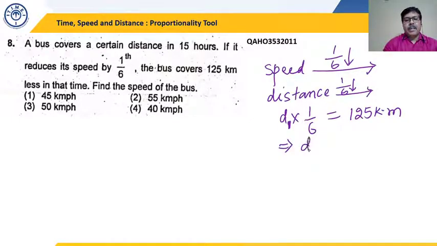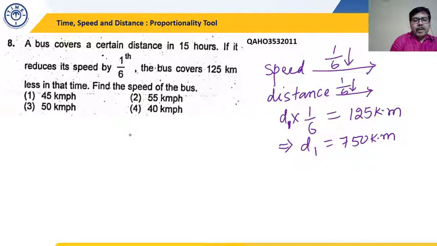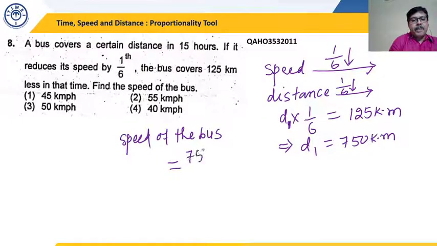Can I say D1 is 750 kilometers? So the old distance traveled is 750 kilometers, and the time taken was how much? 15 hours. Can I say my original speed, the speed of the bus, is equal to 750 divided by 15, which is equal to 50 kilometers per hour.